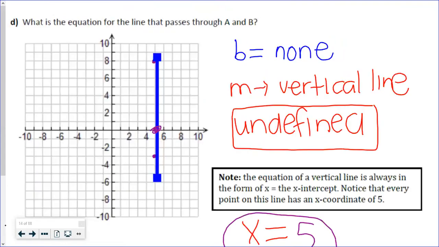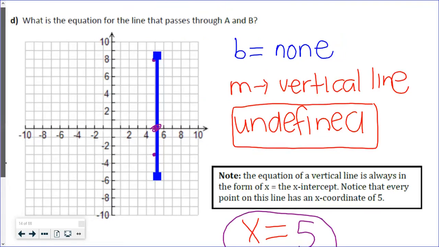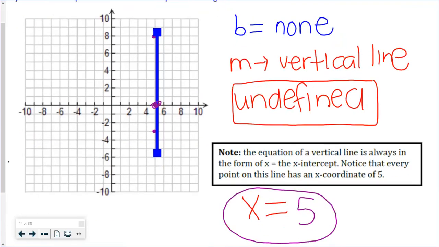With vertical lines, you don't even have to plug in your x1, y1, x2, y2. Right away, when you have a vertical line, you know that there is no y-intercept. You also know that the slope is undefined.